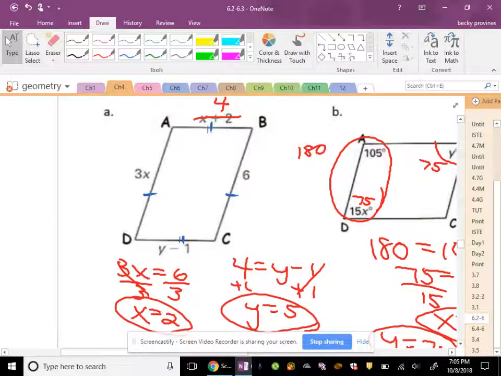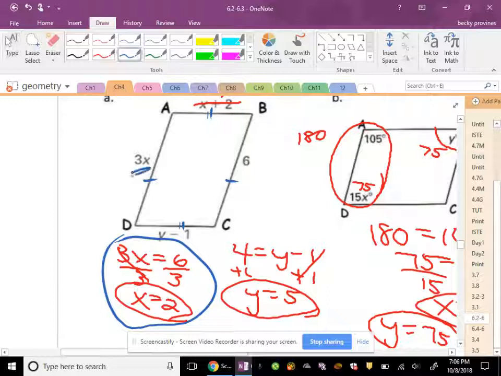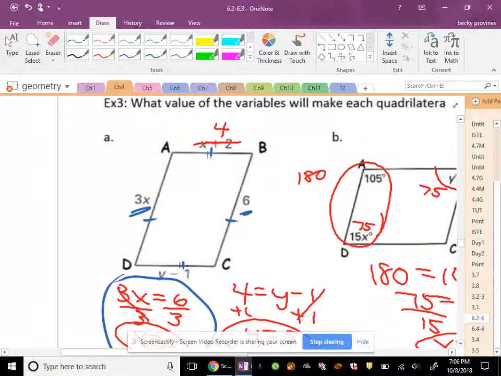Now, I think the easiest one to solve for would be the left and right, because the top and bottom has an x and a y value. So let's definitely solve for x first. Take 3x and set it equal to 6 and get 2. Now, once I know x is 2, look up here between A and B what I did.